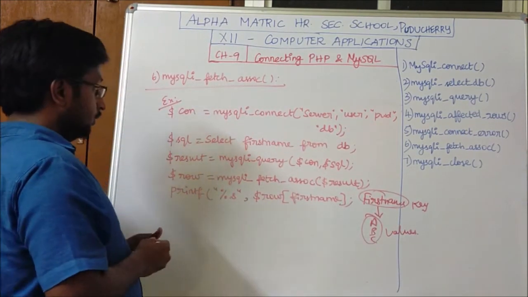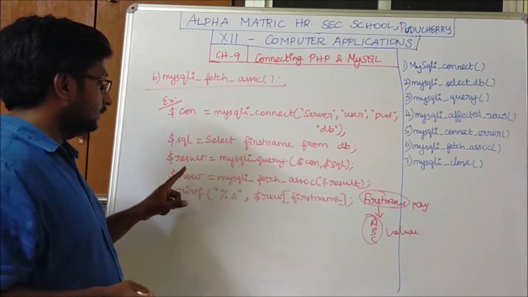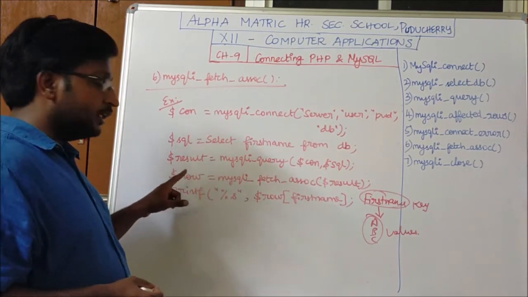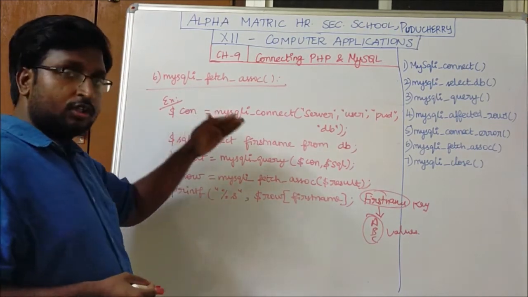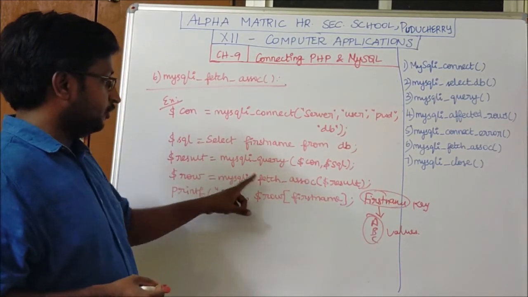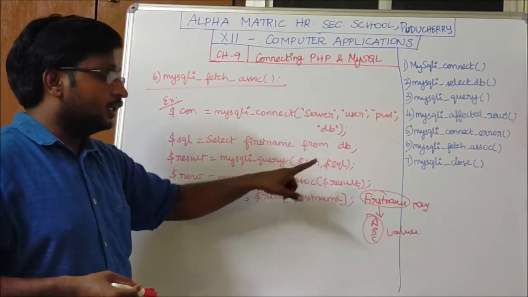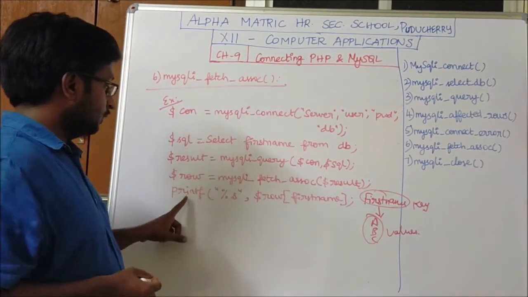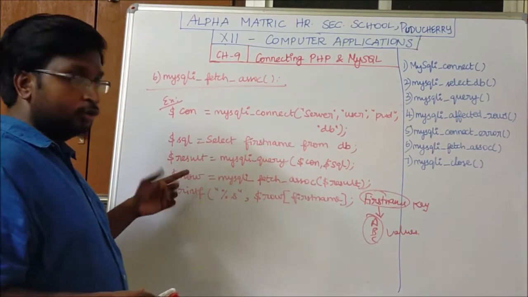Okay, so now the MySQL query result is stored in the result, and I am using the variable row. So for each row, MySQL fetch associate, the result will be stored in the associative array format. So printf is used to print the values.